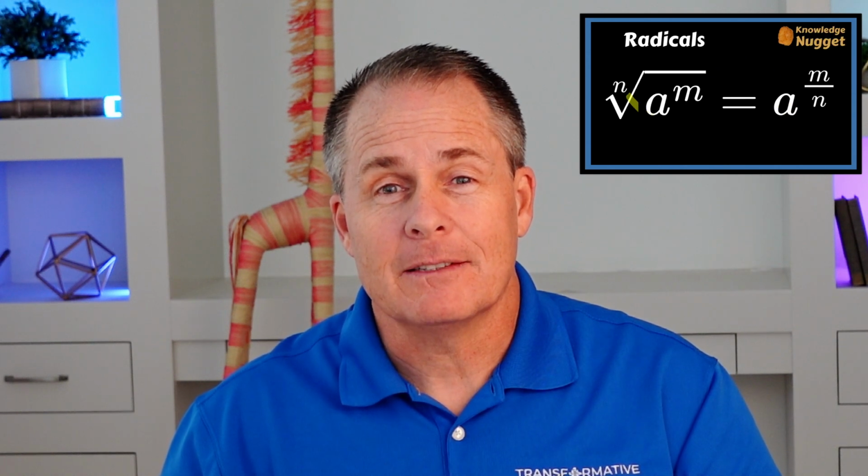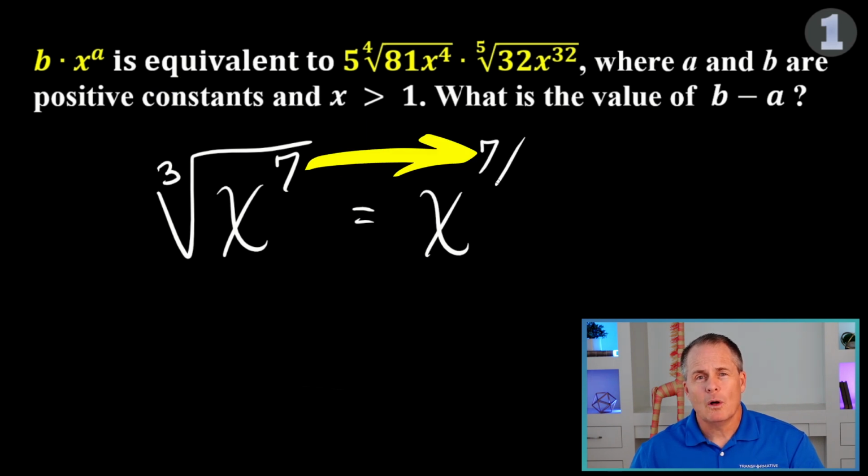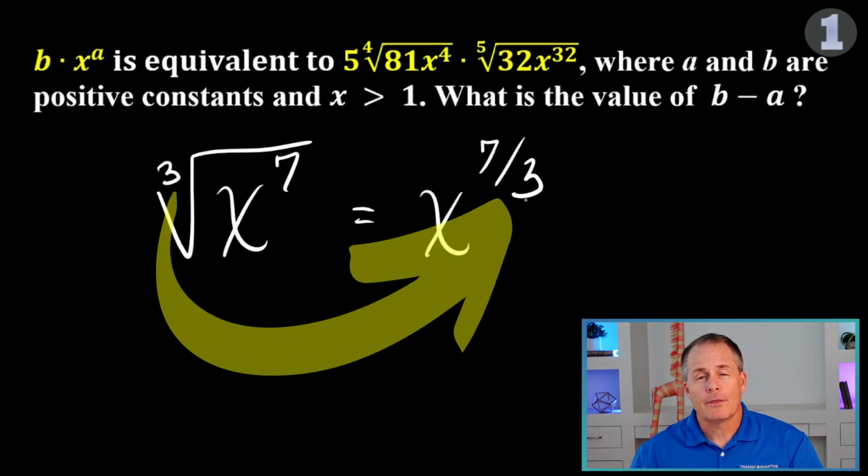For those of you who've had calculus, you're probably used to doing this every single day. But for the rest of us mere mortals, we might just need a little practice. So here's a quick example. If you have the third root of x to the 7th power, it's going to equal x to the 7/3 power.